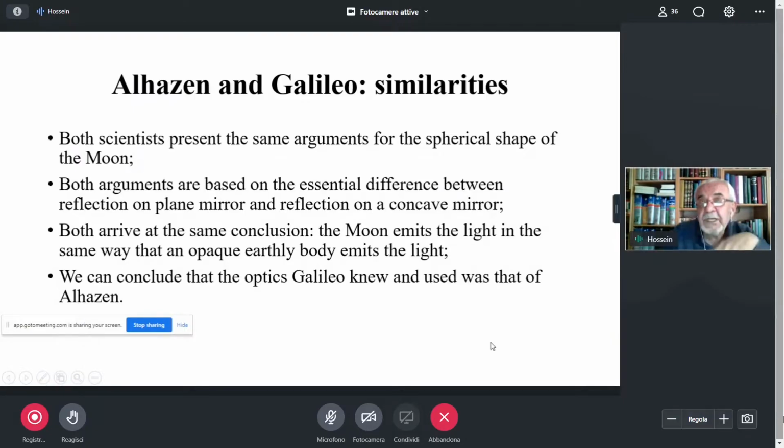And we can conclude that the main optical ideas used by Galileo are those already expressed in Ibn al-Haytham's optics. This is not very strange given the great popularity of Ibn al-Haytham's book in the Europe of that time.